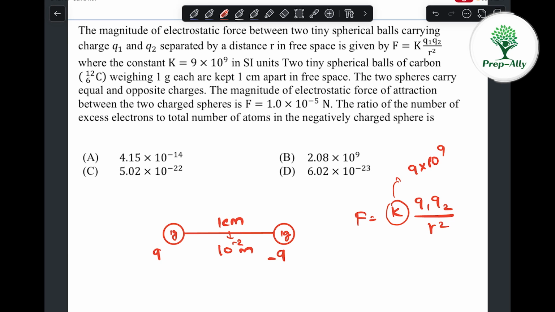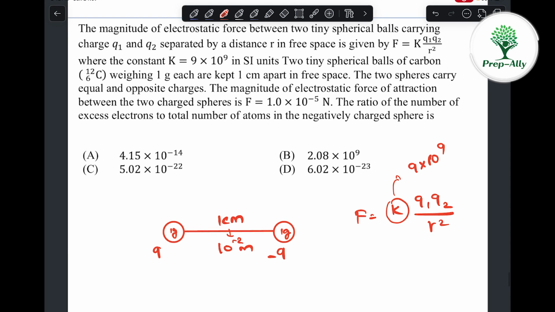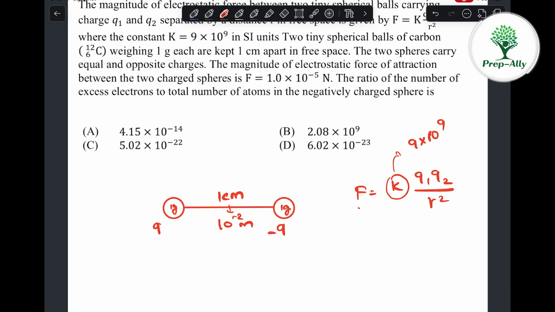They are only asking about the magnitude, so the magnitude of this force is given as 1 into 10 power minus 5. I don't have to consider the minus sign because it is magnitude, not direction. So 9 into 10 power 9, and Q we have to find. I can put Q square because Q1 and Q2 are equal, and R is 10 power minus 2, squared.